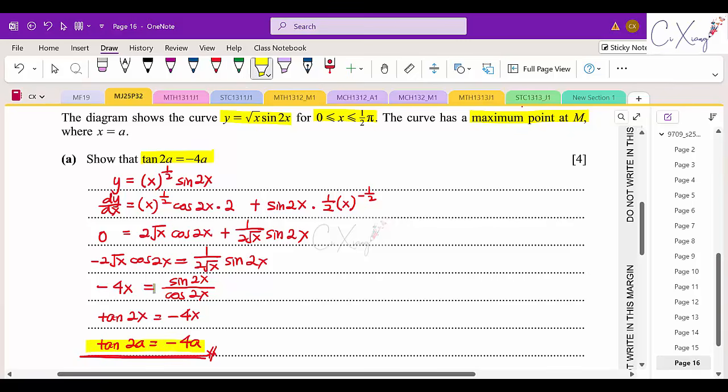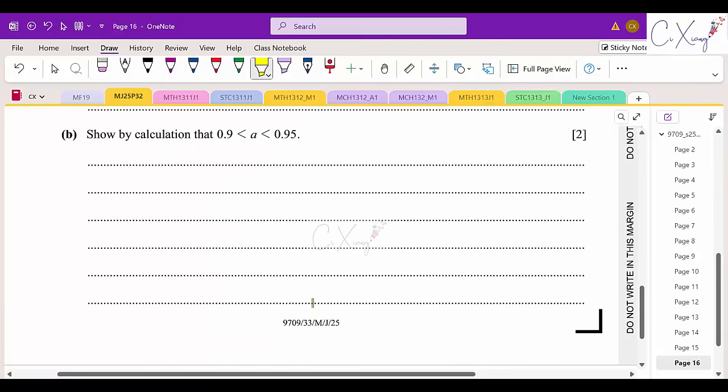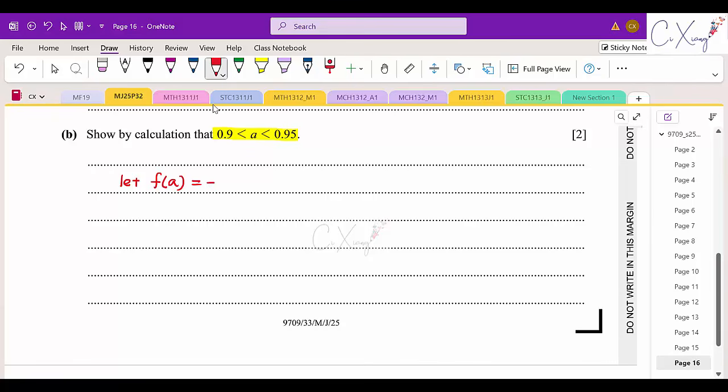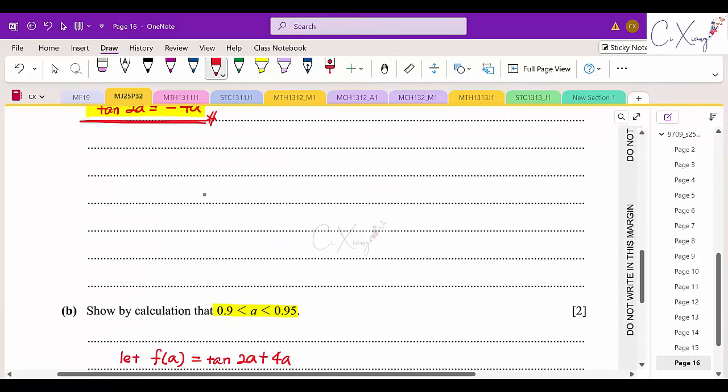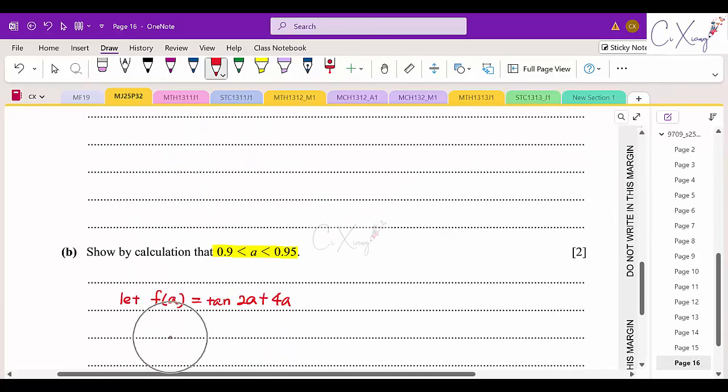Then let's continue to part B. For part B, they want us to show by calculation that your A is between this value, and we have to apply the sign change method. Let the equation on top become the function of A. I'll be having tangent 2a plus 4a. You move everything that you proved just now to one side and make it as a function.